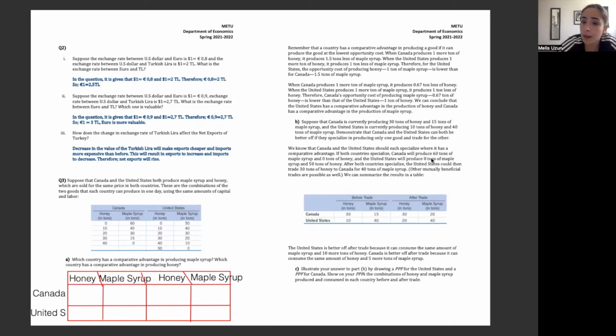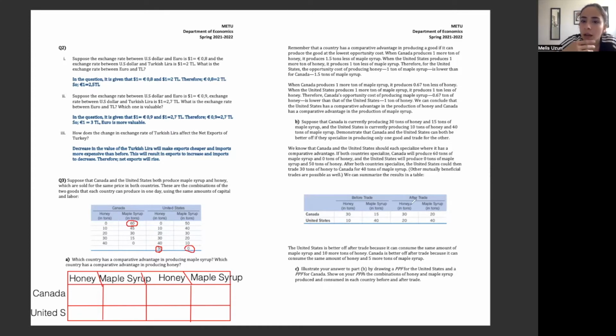And why did we say 60 tons? Because the table gives us that information. If Canada produces 0 tons of honey, it will produce a maximum of 60 tons of maple syrup. And the United States will produce 0 tons of maple syrup and 50 tons of honey, because the United States has a comparative advantage in producing honey.